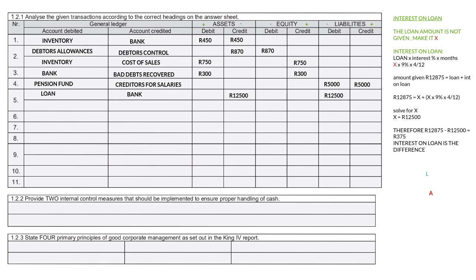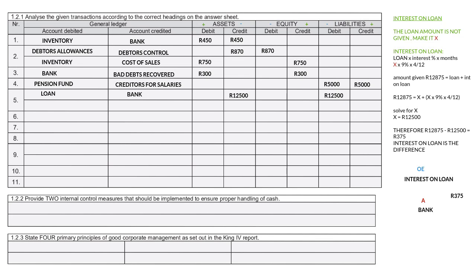The second part of the transaction is the interest on loan. So our first ledger account will be interest on loan. Our second ledger account will be bank. We know interest on loan is our owner's equity, and bank is an asset. And the interest on loan was 375 Rand. It was the difference between 12,875 Rand given and the loan amount that we calculated as X of being 12,500 Rand.